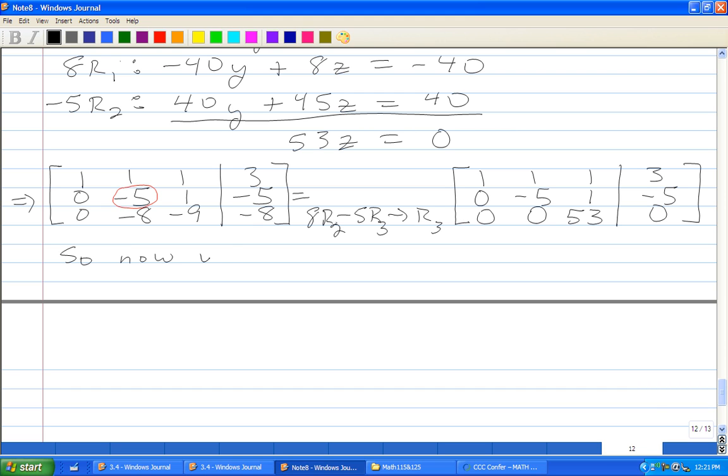So now you can solve by back substitution.